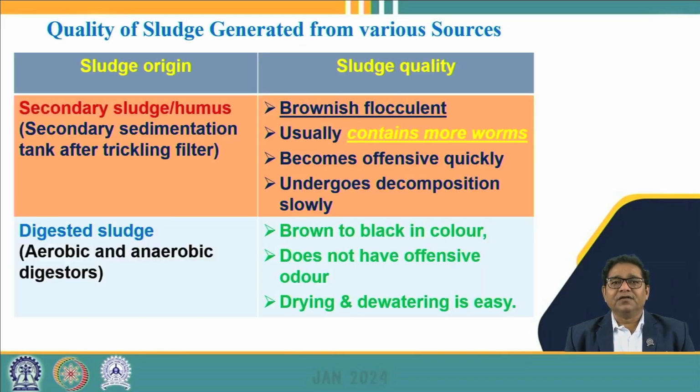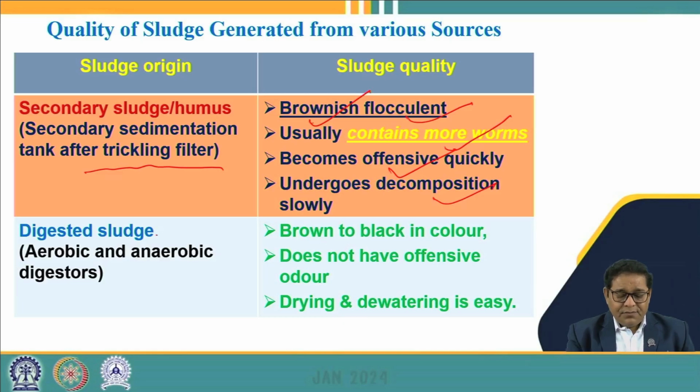The sludge generated from the secondary settling tank after the trickling filter is again brownish in color and mostly flocculent in nature. It contains more worms, bacteria or biomass, becomes offensive very quickly, and can undergo decomposition.